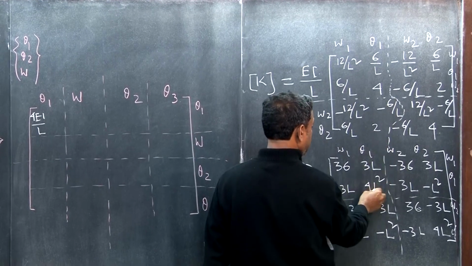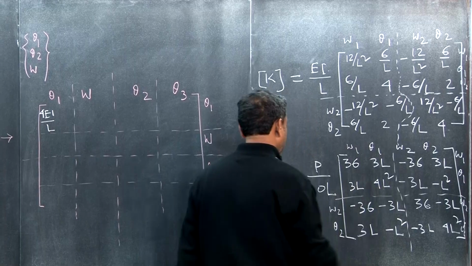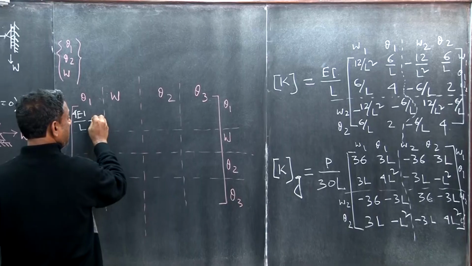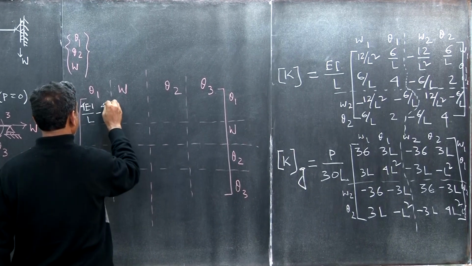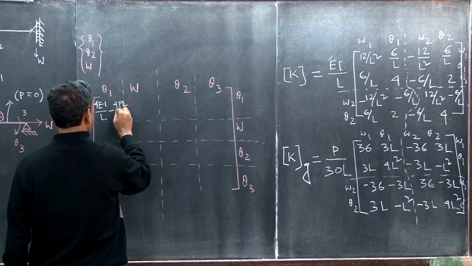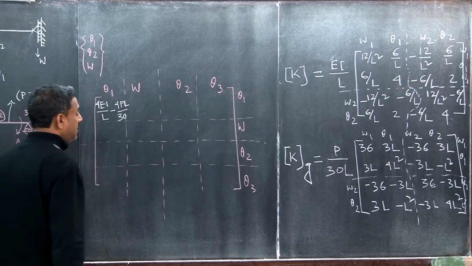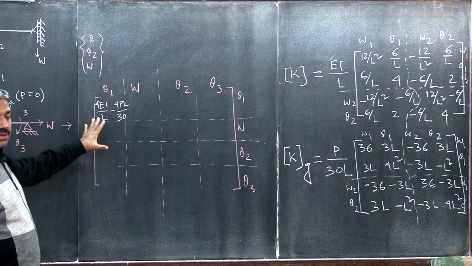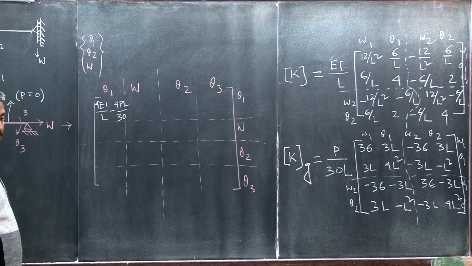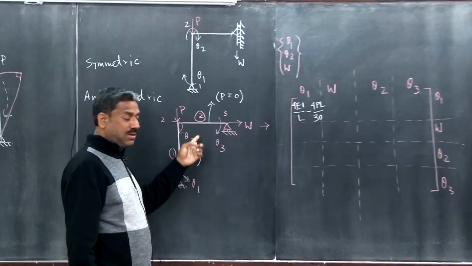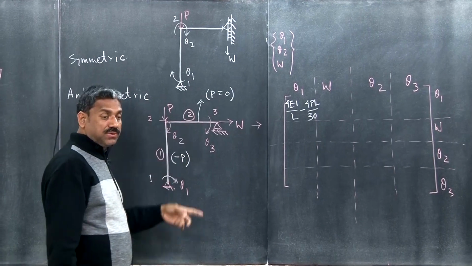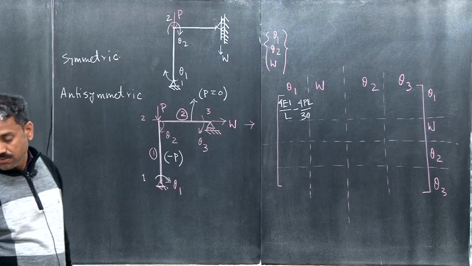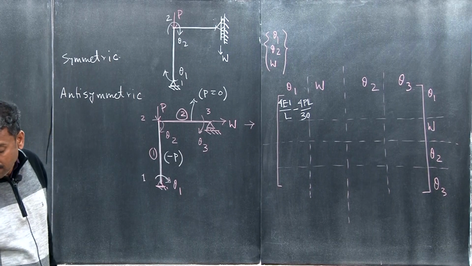The respective geometric term will be minus 4PL by 30. There is no contribution from member 2, because this node has nothing to do with it. So the term is 4EI by L minus 4PL by 30.